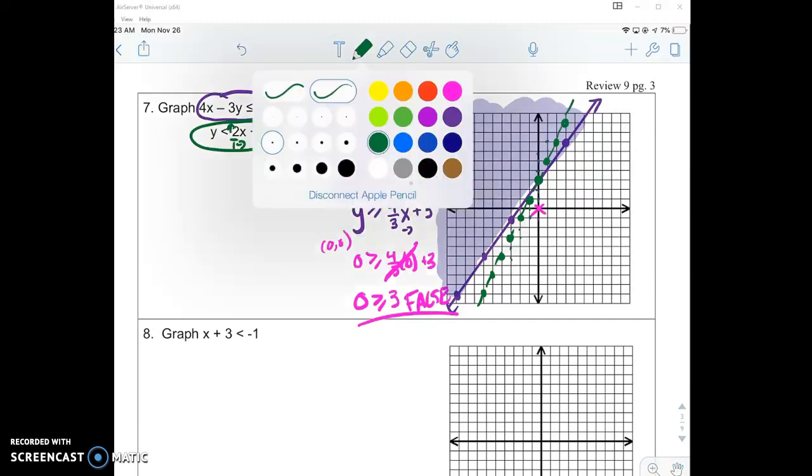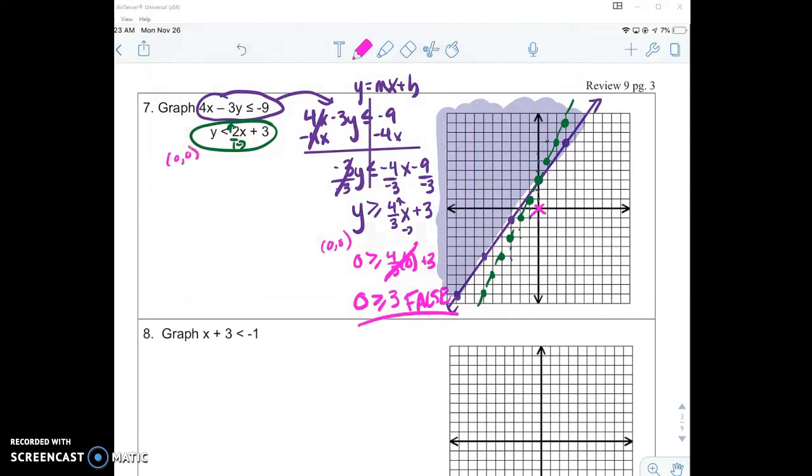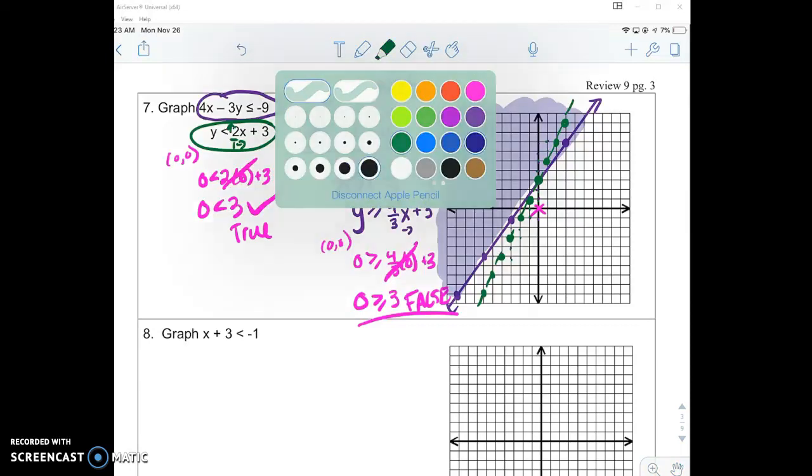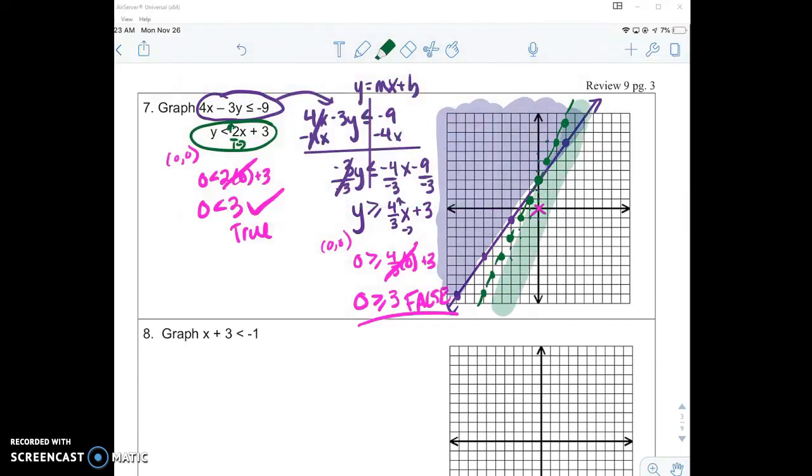And I'm going to test the point 0, 0 to see which way I need to shade. 0 is less than 2 times 0 plus 3. 0 is less than 3. This time, this is a true statement. So I need to shade towards the origin. And notice the only part where the shading overlaps is this tiny area right here. So that is my solution area.